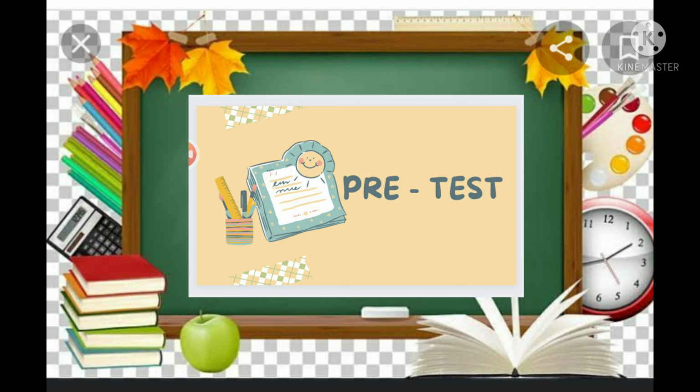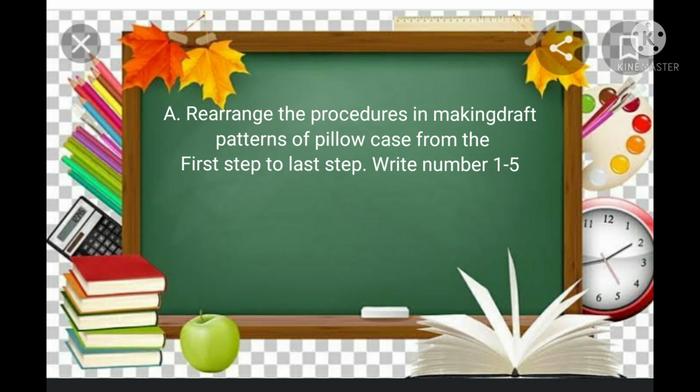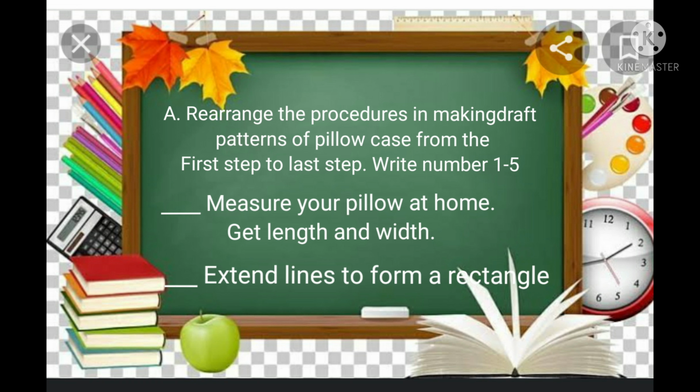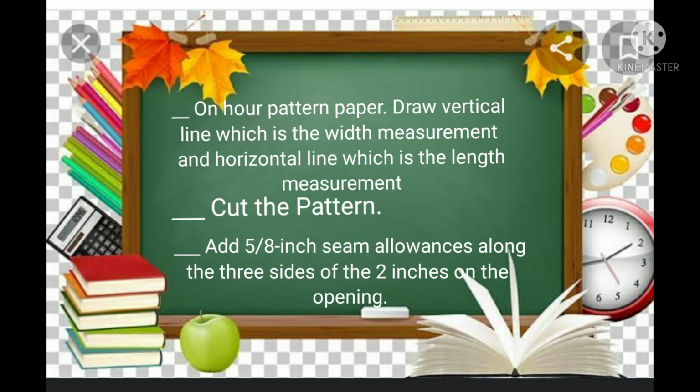Now class, we'll have our pre-test. Rearrange the procedures in making draft patterns of a pillowcase from the first step to last. Write number 1 to 5. First, measure your pillow at home and get the length and the width. Second, extend lines to form a rectangle.